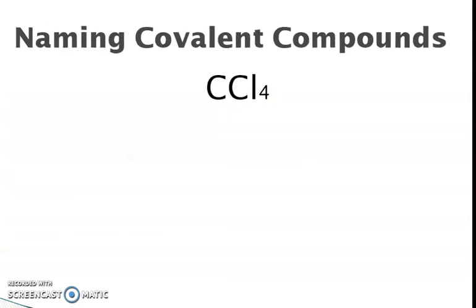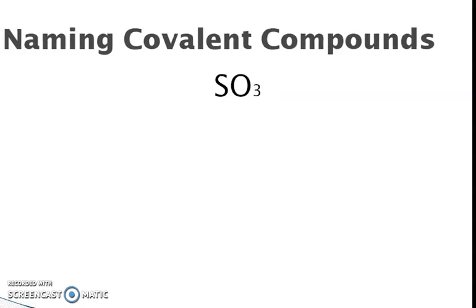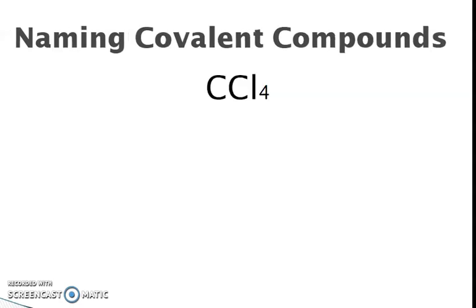Went too far. Okay, so if we look here, oh gosh, I went too far. Go back. We have 2 elements here. So our first thing is we want to make sure we know what type of bond this is going to be. We've got carbon here, which is a nonmetal, and we have chlorine, which is a nonmetal.